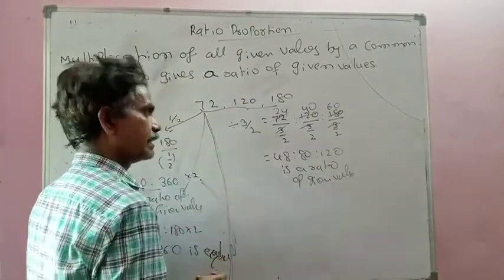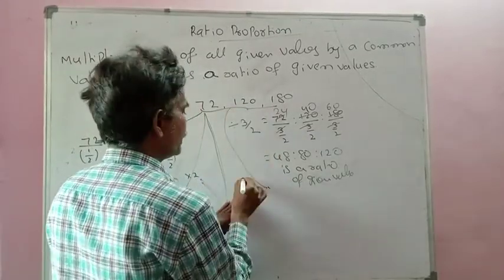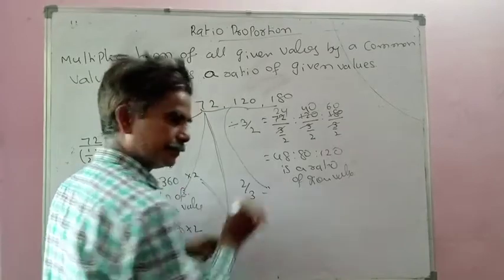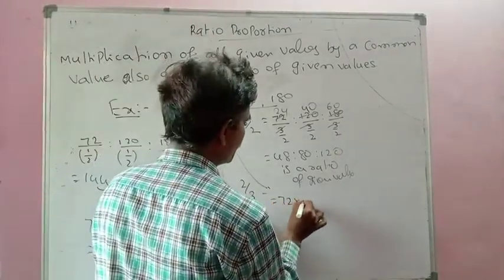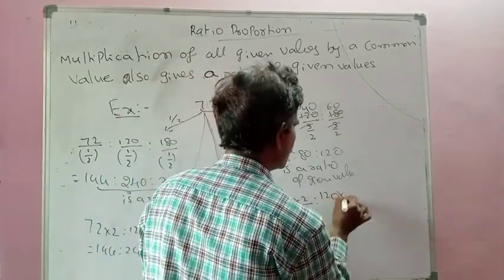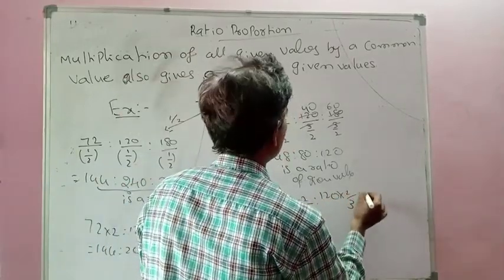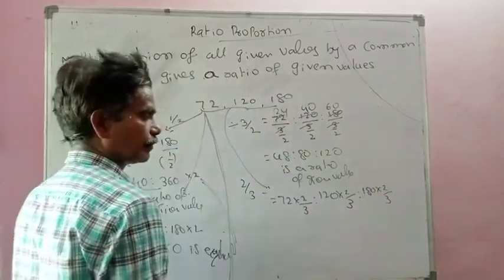Let us check. For that, let us multiply given values by 2/3. Then we will get 72 into 2/3, 120 into 2/3, 180 into 2/3.